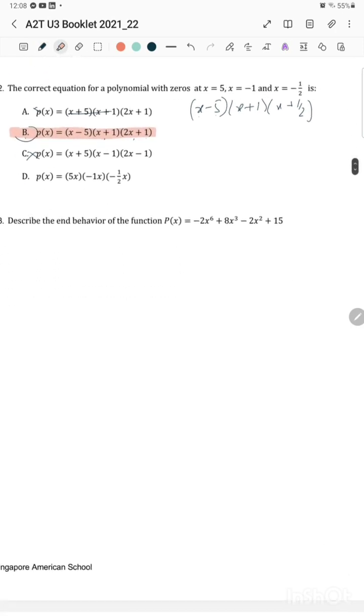Determine the end behavior of the polynomial p of x, minus 2x to the power 6, degree is equal to 6.